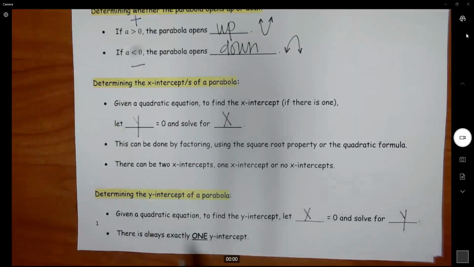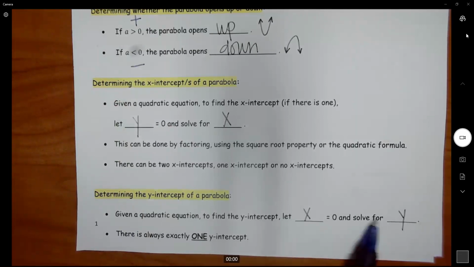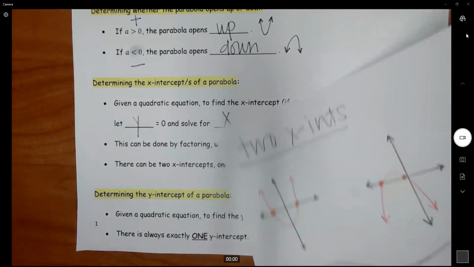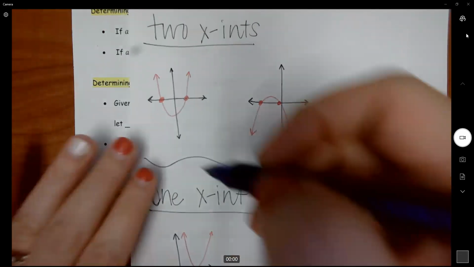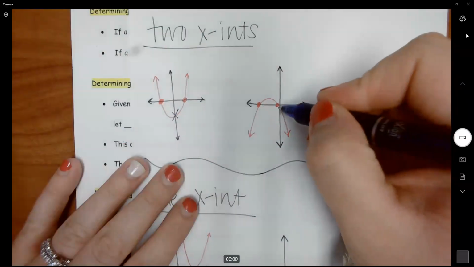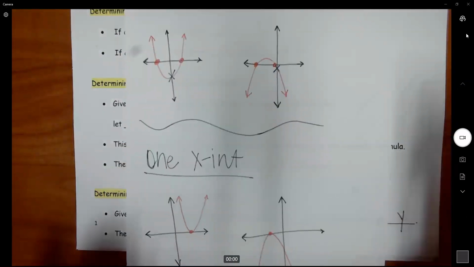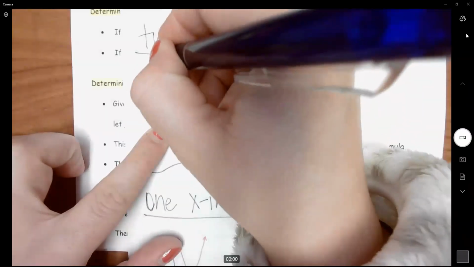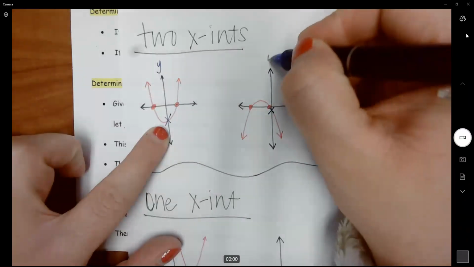And then determining the y-intercept is opposite. You're going to let x equal 0 and solve for y. Because these are functions, you will always have one y-intercept. If I come back to these right here, you have one y-intercept because it's crossing the y-axis.